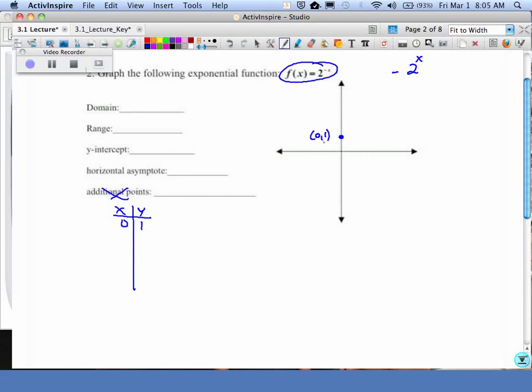But now when I plug in 1, 2, and 3, we multiply those by negative 1. So now it's really 2 to the negative 1, which is 1/2, 2 to the negative 2, which is 1/4, and 2 to the negative 3, which is 1/8. So on the positive side, we're coming down against the x-axis. And then if I go negative 1, negative 2, negative 3, we get 2, 4, 8.